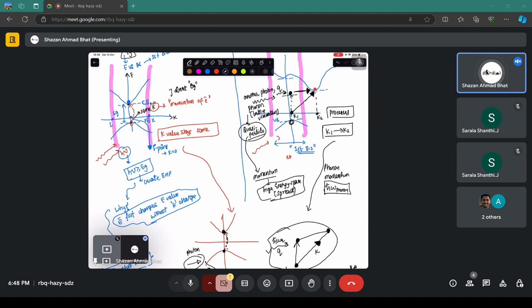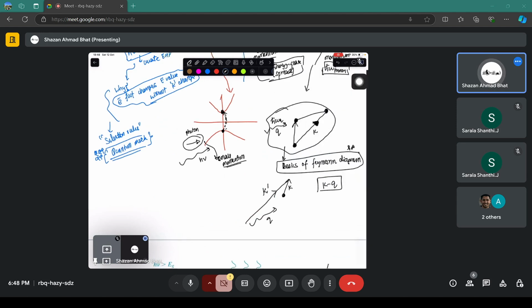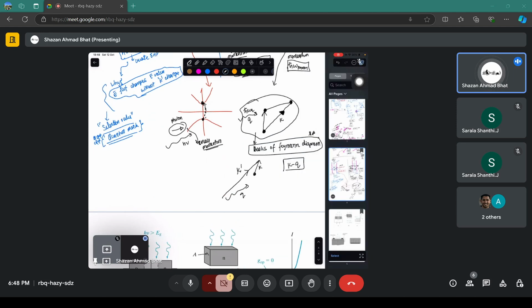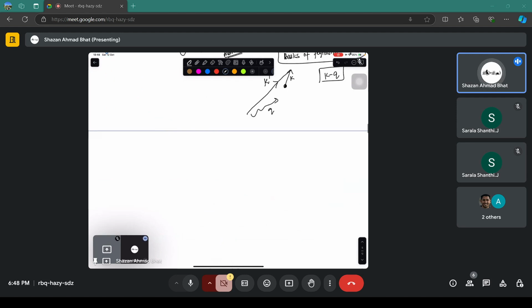Now, this is the scenario for the direct and indirect transition. It so happens that most of the material around us which we have used till now are something called indirect band gap semiconductors. And why is it the case? Let's say you have silicon.